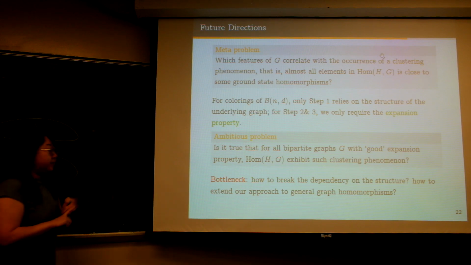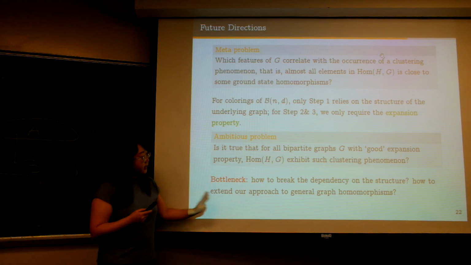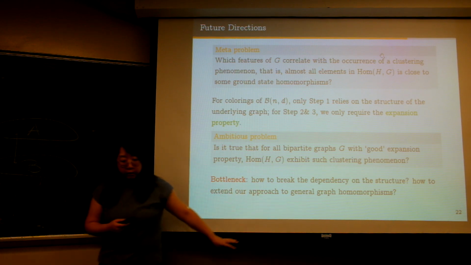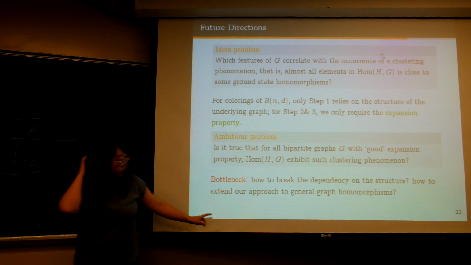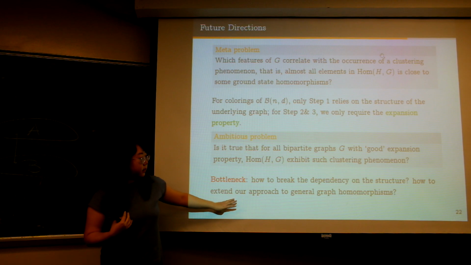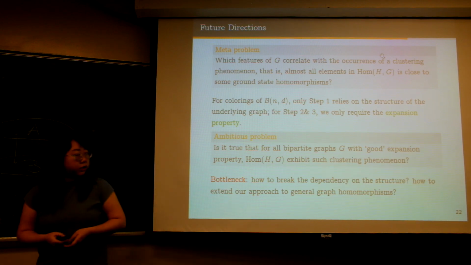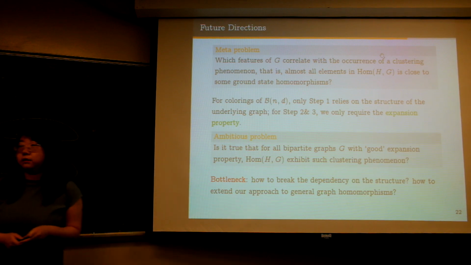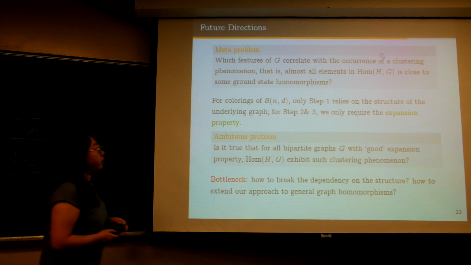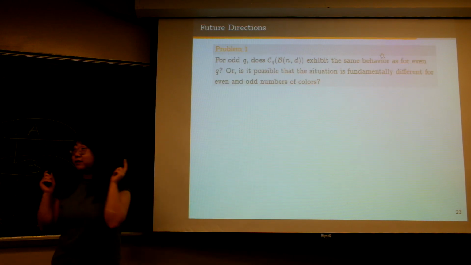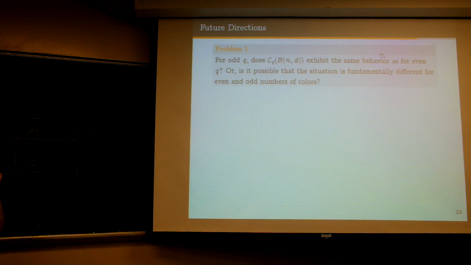And the second question is how to extend our approach for step 2 to general graph homomorphisms. Actually, this summer we have some evidence showing that our proof can be easily generalized to general homomorphisms for step 2. But the bottleneck is still step 1. Okay, so that's the ambitious problem, but a more realistic one is the odd number. What happens on the odd number?